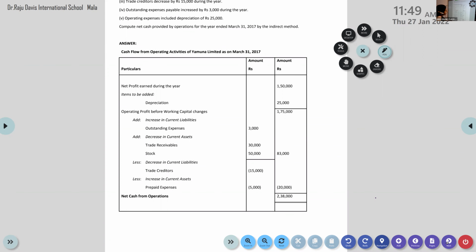Then we need to add back non-cash and non-operating items. Depreciation is a non-cash item. In this particular question, we have only depreciation to add back. So we will add back depreciation, 25,000.